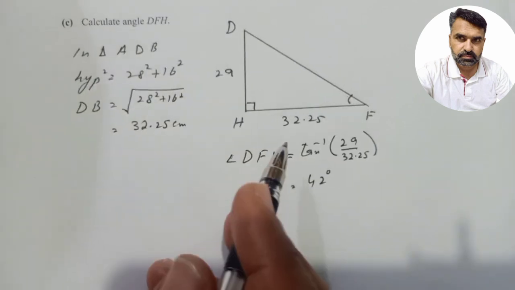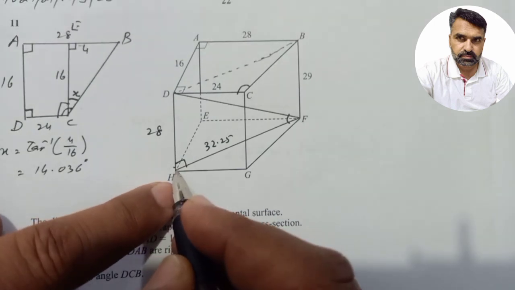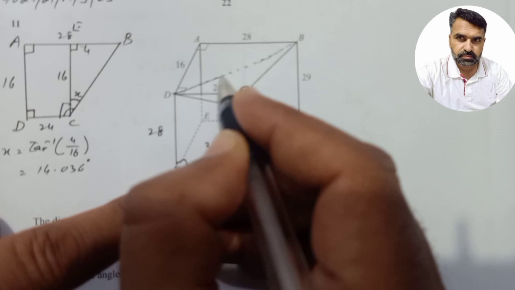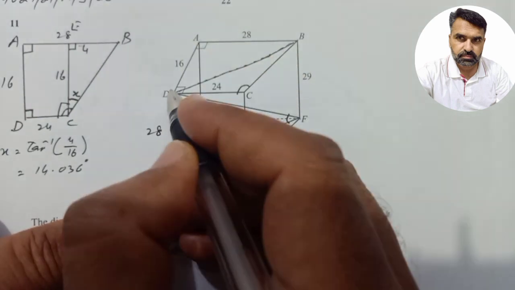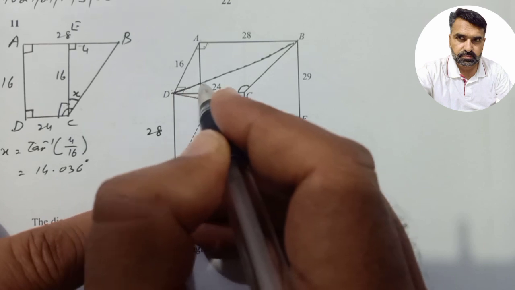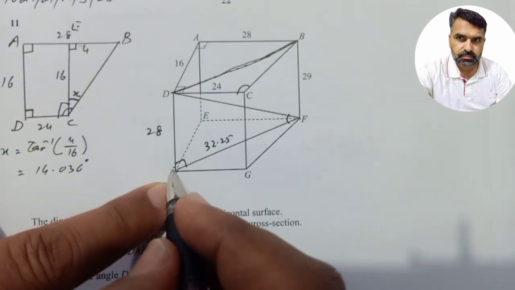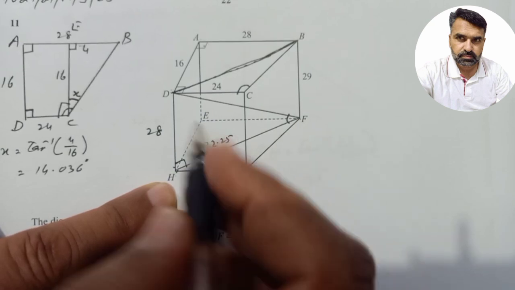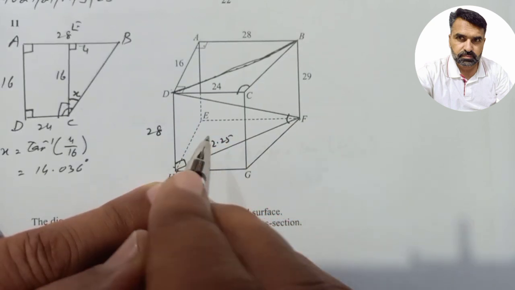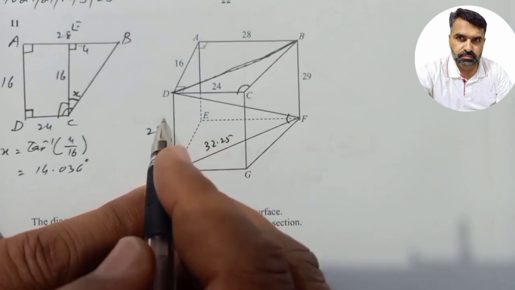I explain it again. Students, it is prism and HF is equal to DB. So ADB is right angle at A, and we will find the value of DB by using Pythagoras theorem, and DB will be equal to HF, and triangle DHF will be right angle triangle because this prism is on the ground and HD is height.